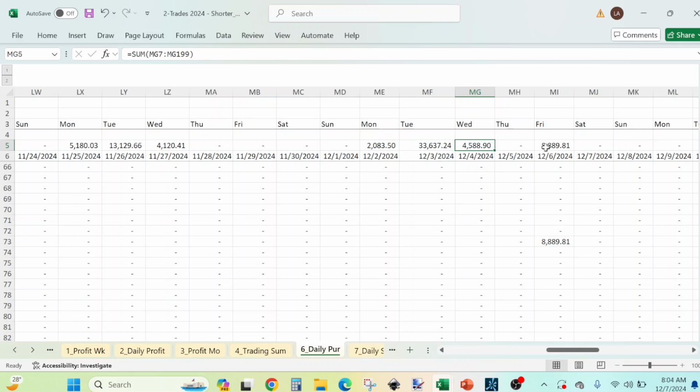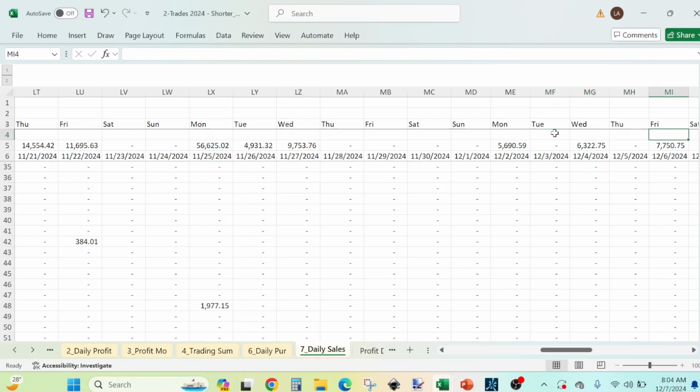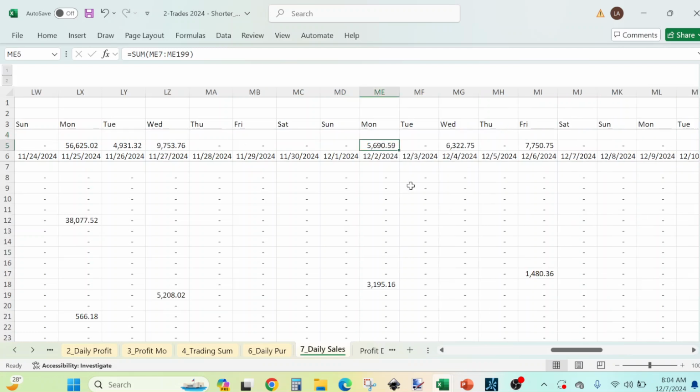So we'll go to the daily purchase, daily sell. So daily sales for the week of December 2nd to the 6th. Monday we sold stocks. Tuesday we didn't sell anything. Wednesday we sold stock.